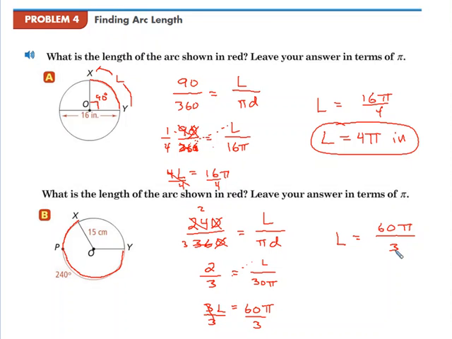So you should try and reduce this too. 60 divided by 3 is 20. So 20 pi. And then since the units are centimeters, the length of that arc is 20 pi centimeters. Notice we're not using the value 3.14 for pi. We're asked to leave it in terms of pi, which means the pi symbol stays in the answer.